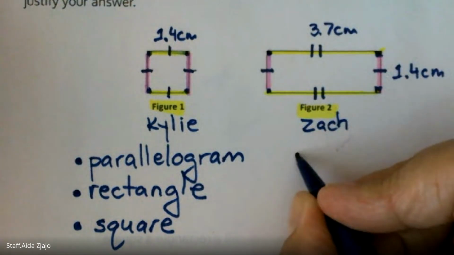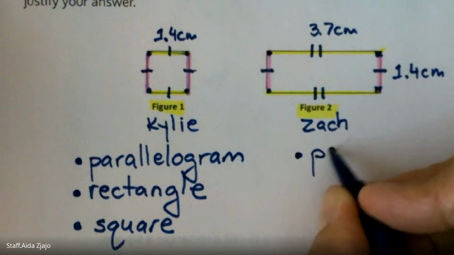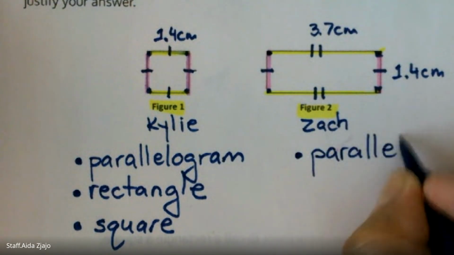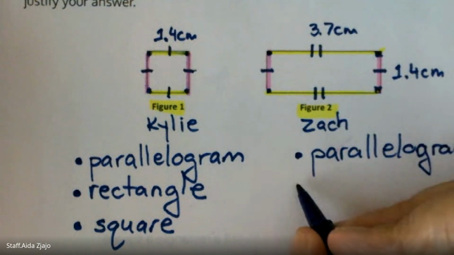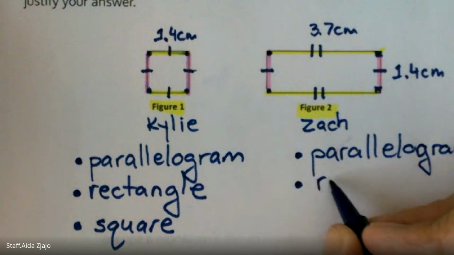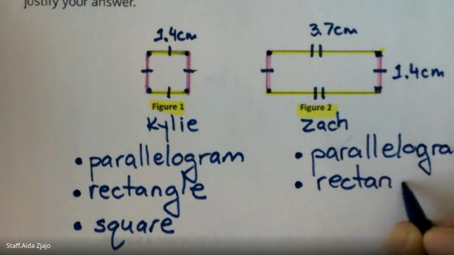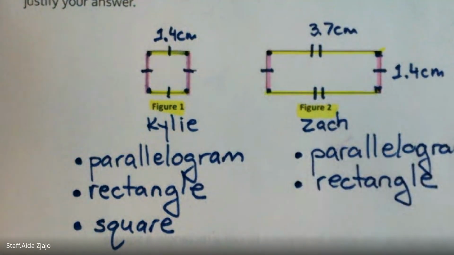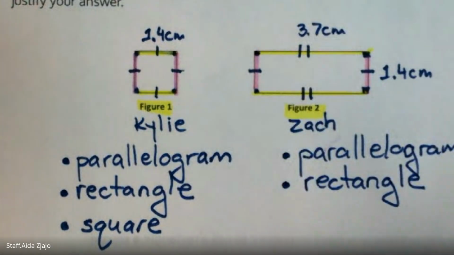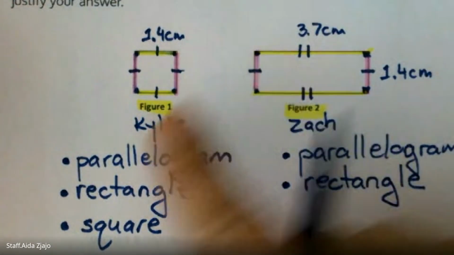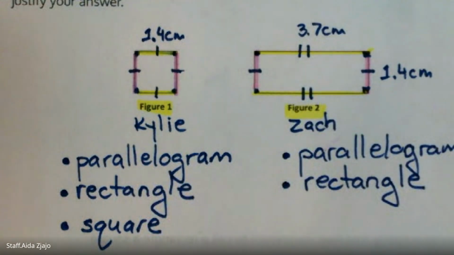This is also called a parallelogram and a rectangle. But this is not a square, because to be a square, you have to be a rectangle with four congruent sides.